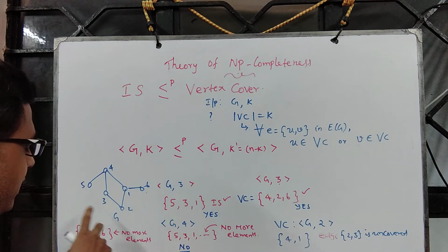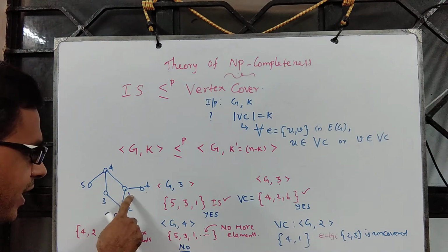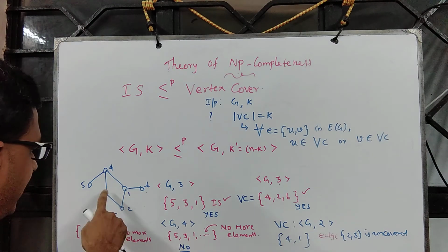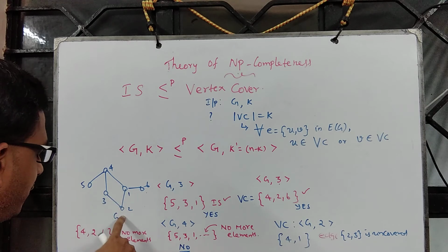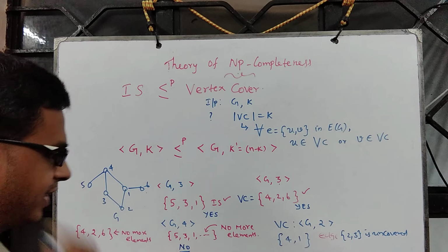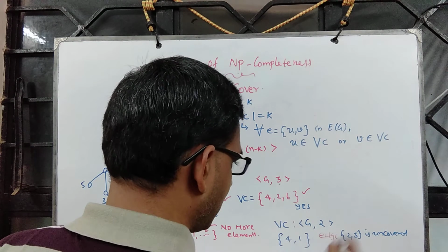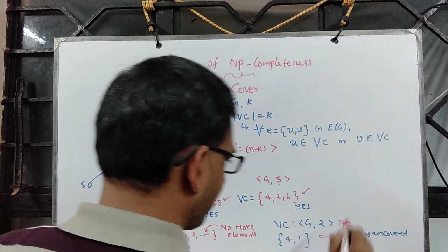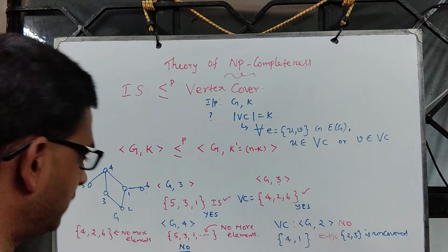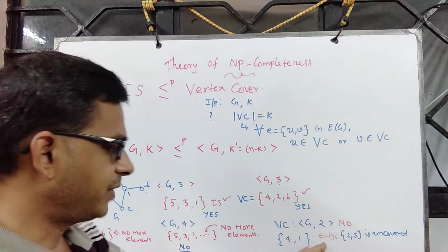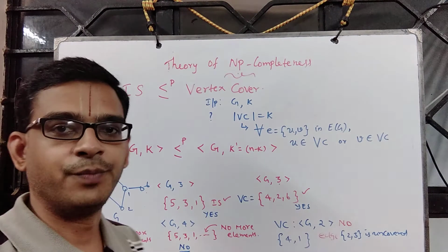You take some other set, say 4 and 1. That's what we tried. Let's look at 4 and 2. If we take 4 and 2, 1, 6 is uncovered. Which means answer to this question is also no. So G comma 4 is no and G comma 2 over here is also no.